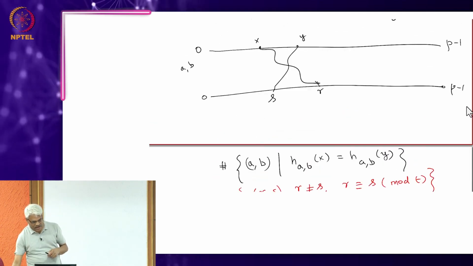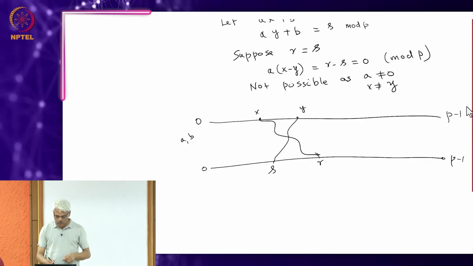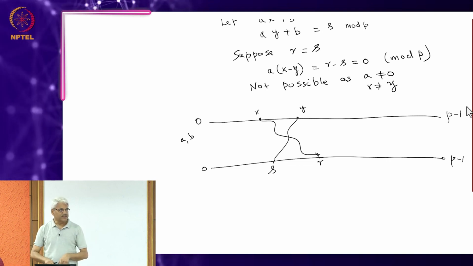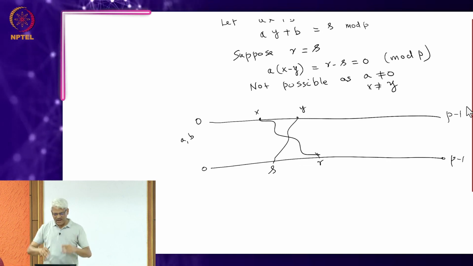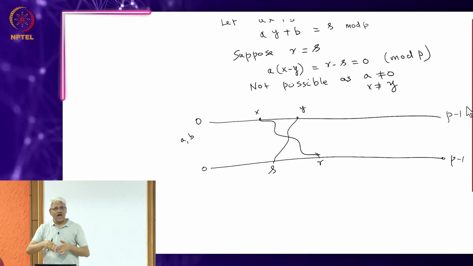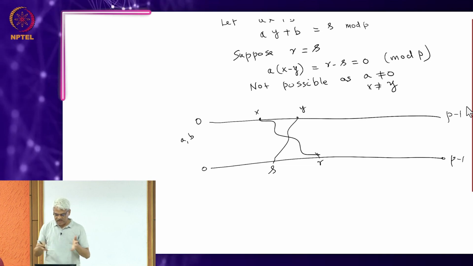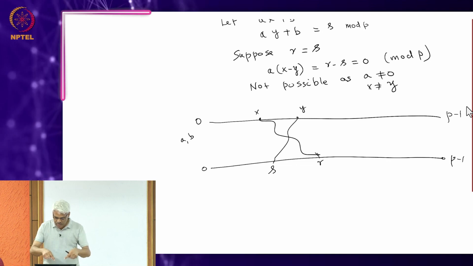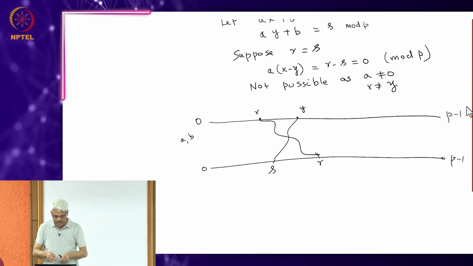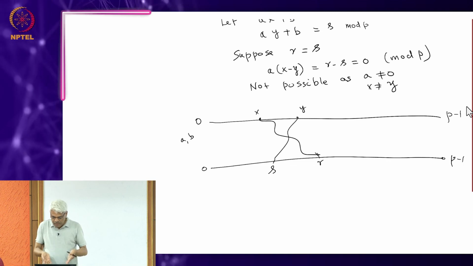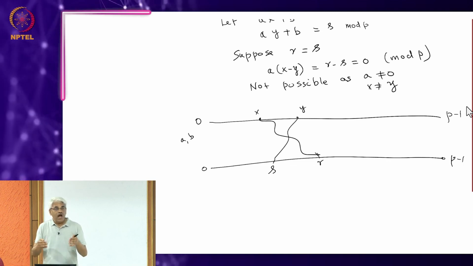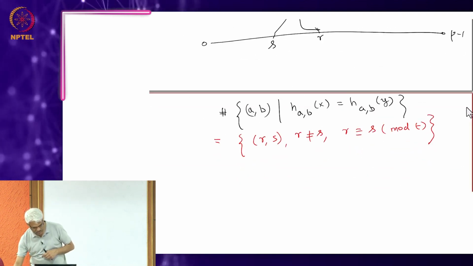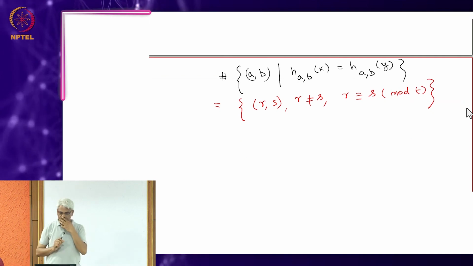What I am saying is your x and y in the first round, when you do the mod p computation, get mapped to r and s, and I argued that r and s are different. In fact, as you vary x and y, r and s are going to vary in this number line 0 to p minus 1. So, really the number of functions that will map x and y to the same location is the same as the number of pairs r comma s, which in the mod t world are the same. Okay. So, this is what I want to compute.